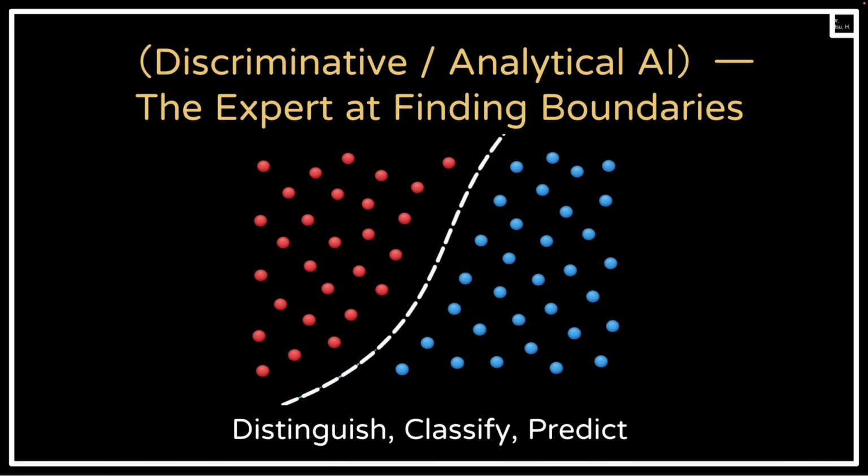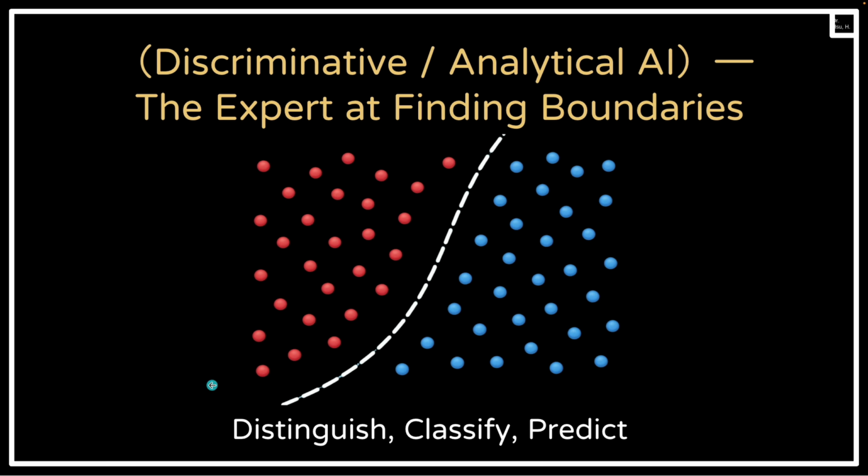So first, let's discuss the discriminative AI, or we can call it analytical AI. This is a very visually intuitive slide. If you look at the image, you see red dots on one side and blue dots on the other, separated by a boundary line.